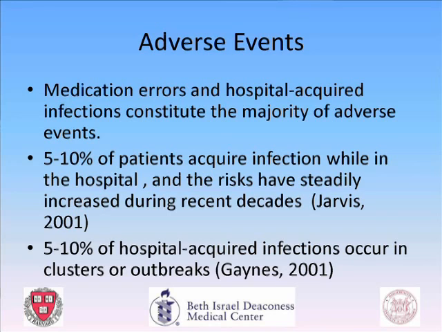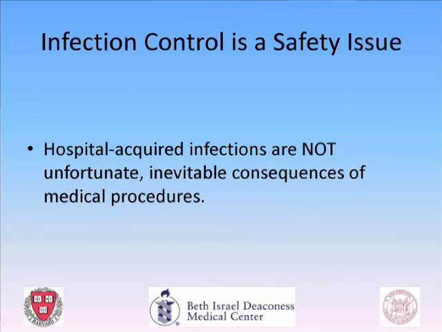And we know too that the risks have steadily increased over the recent decades. We also know that a significant fraction of these hospital-acquired infections occur in clusters or outbreaks, meaning there's definitely a link with people passing it on from one patient to another. Hospital-acquired infections are not unfortunate, inevitable consequences of medical procedures.